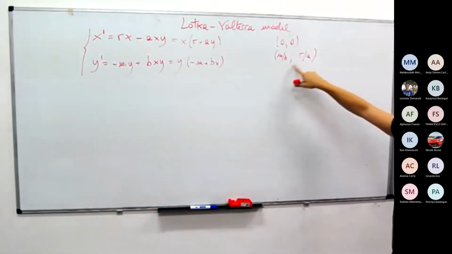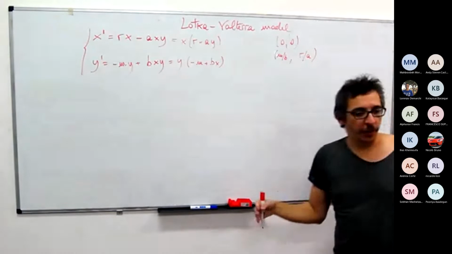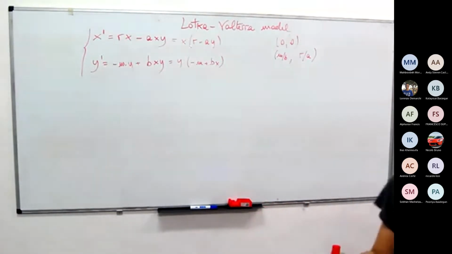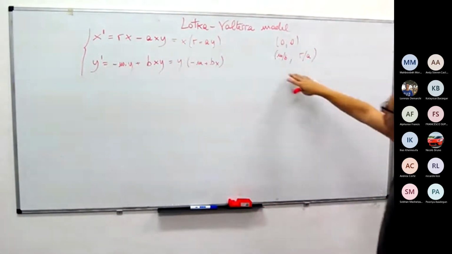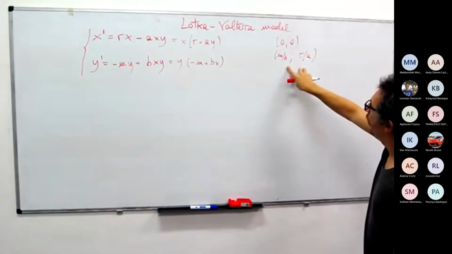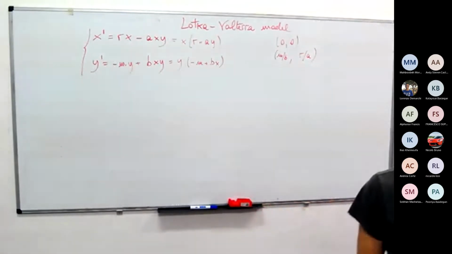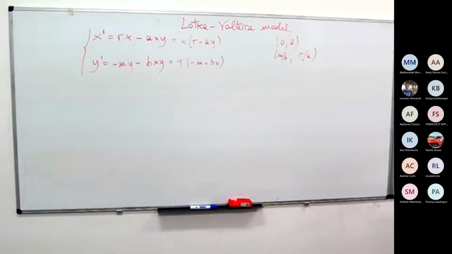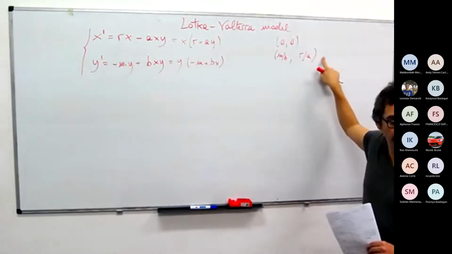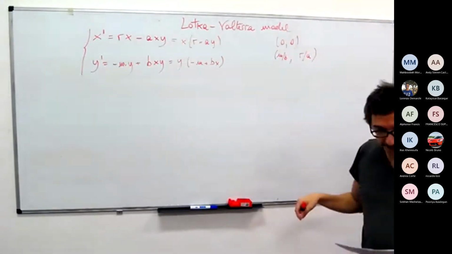The solution (n/b, r/a) corresponds to a solution where rabbits and foxes arrive at some equilibrium and live in equilibrium. Now let's see what happens if I linearize around (0, 0) or around this other point.